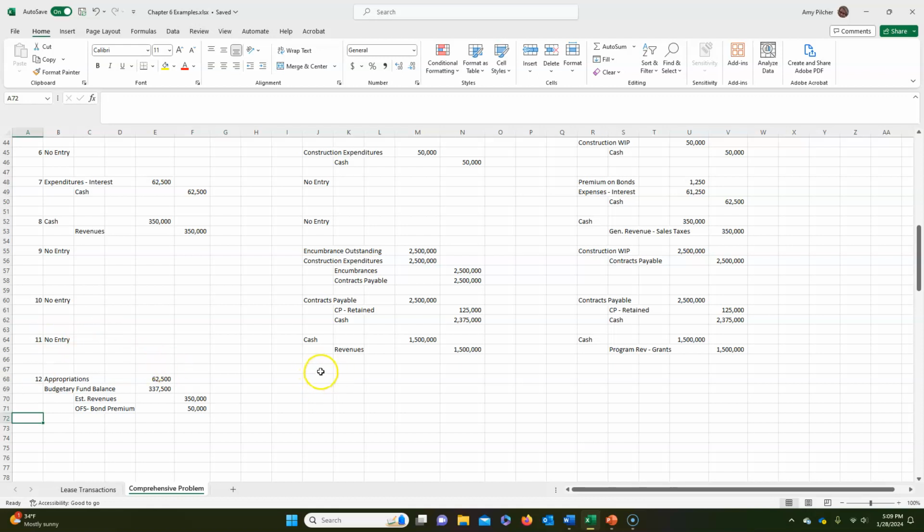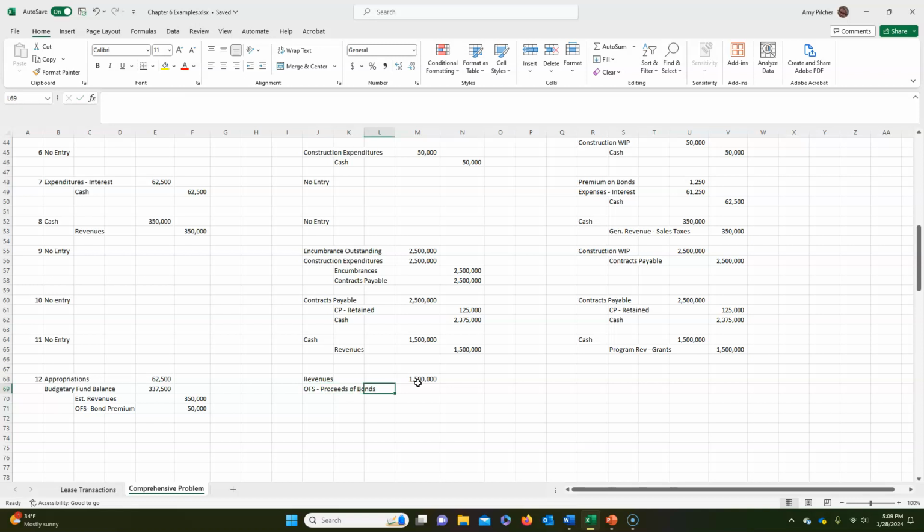Okay, and then in the capital project, we're going to close revenues. I don't know why that looked like it was spelled wrong. Our other fund, proceeds of bonds.